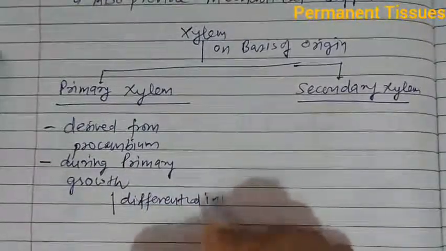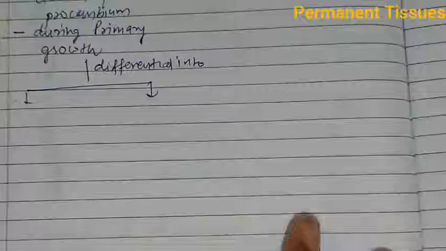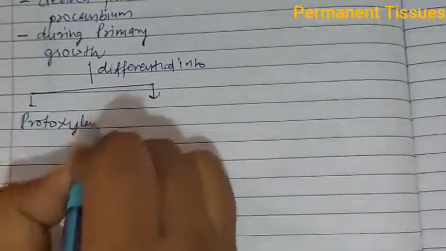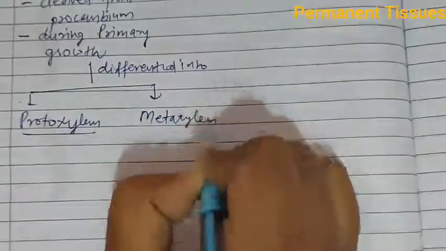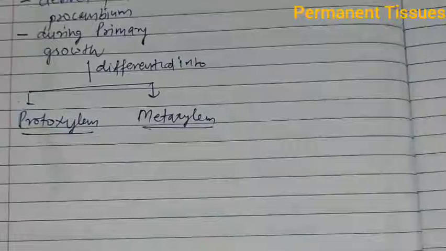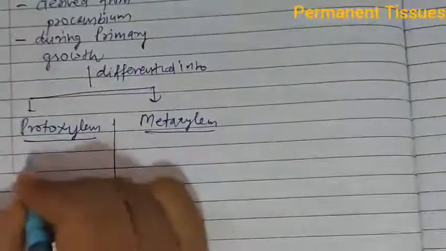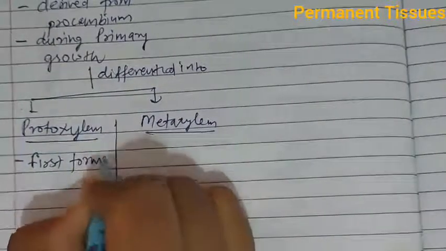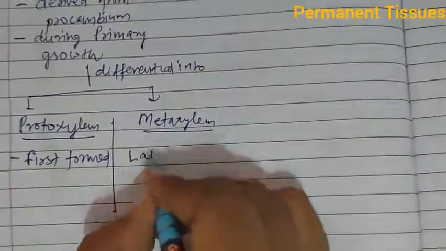This primary xylem is differentiated into protoxylem and metaxylem. Protoxylem is the first formed primary xylem, whereas metaxylem is formed later.